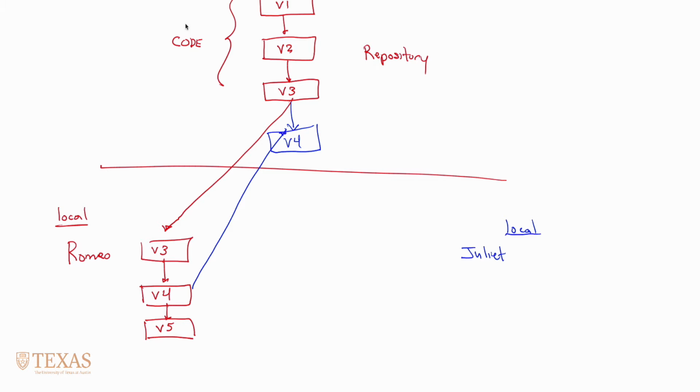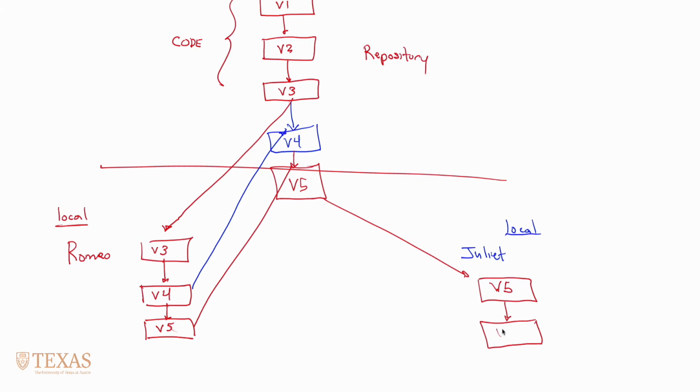In a central version control system, he would have to send this V5, which could be a non-working or incomplete set of work, to be basically stored forever in the central repository, so that Juliet could check out that version of the code, make changes, potentially deriving a sixth version, and then send those back to the central repository.